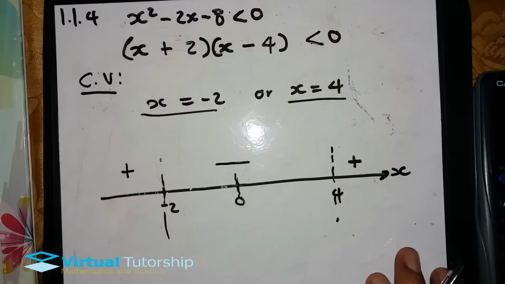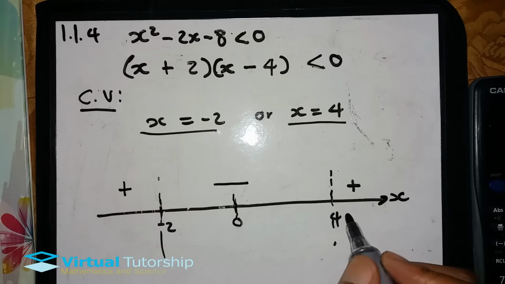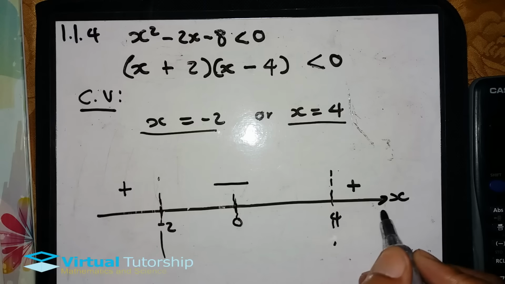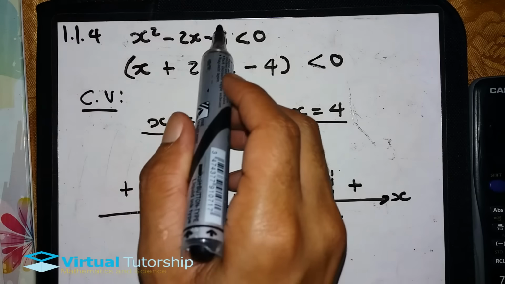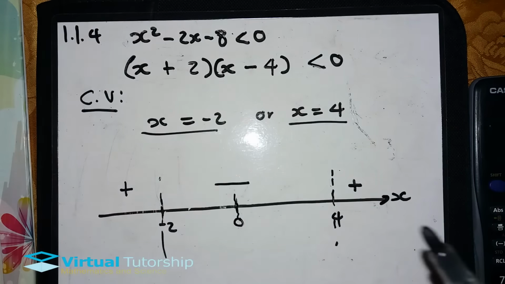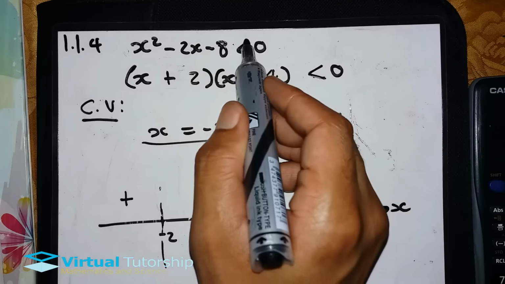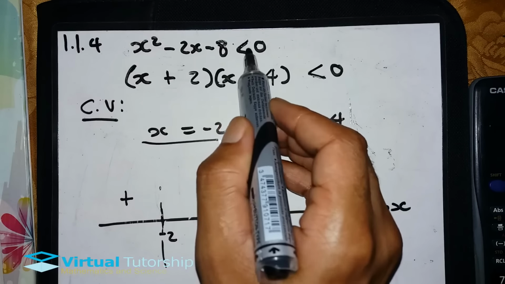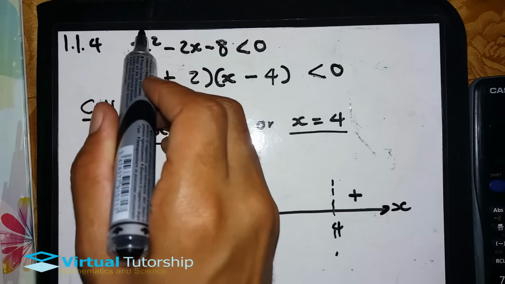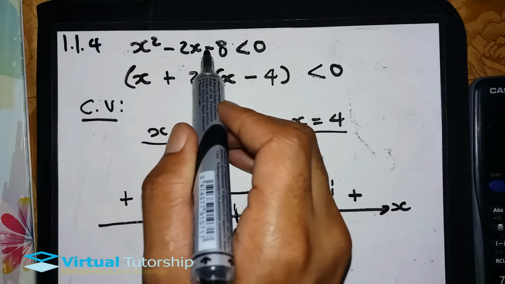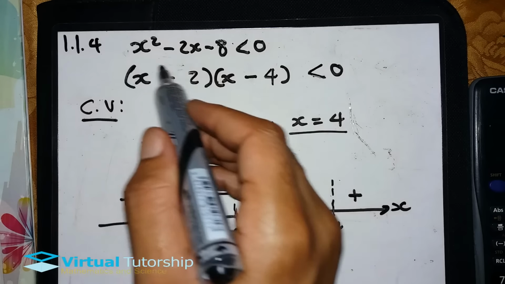Now look, since we saw that substituting an x value greater than 4 gives a positive answer, the left hand side is positive. Because my inequality sign says less than, this expression whenever I substitute x must come out as a negative number.